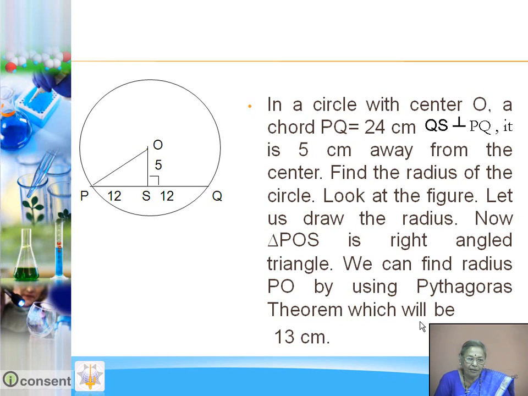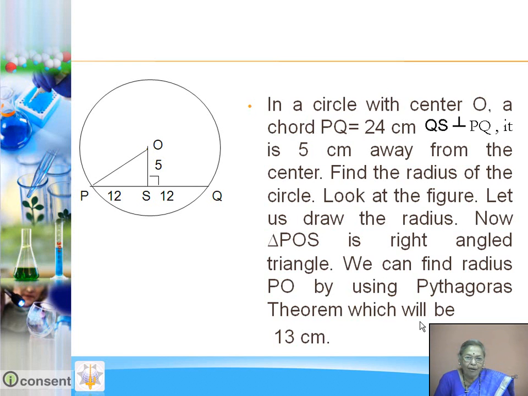Which property will you use? The property you have to use is that the perpendicular drawn from the center of the circle bisects the chord. Now here the chord will be bisected and each segment will be 12 centimeter.